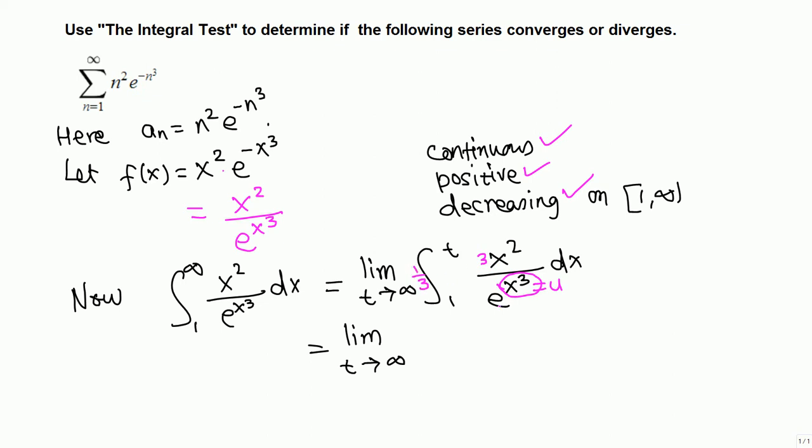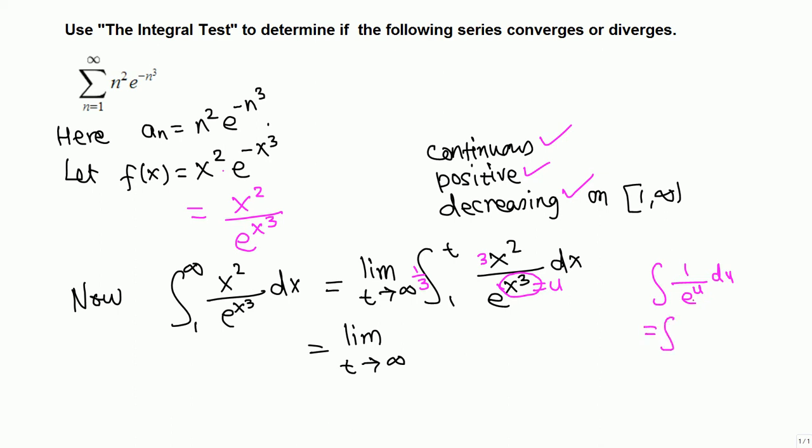That makes e to the u on the bottom, and the derivative of u, which is 3x squared, on the top. So 3x squared dx is du. So it becomes 1 over e to the u du.